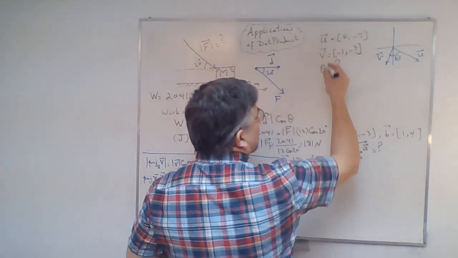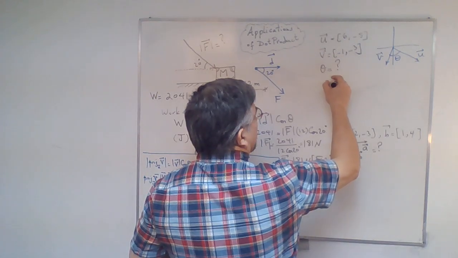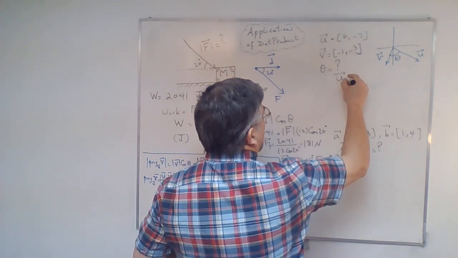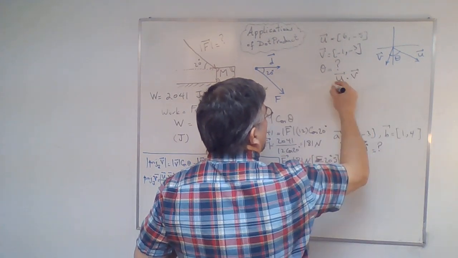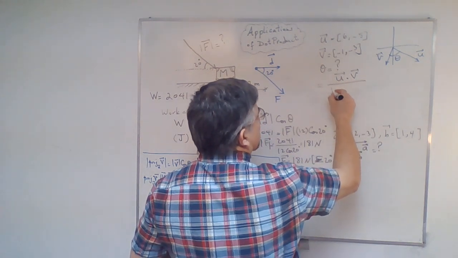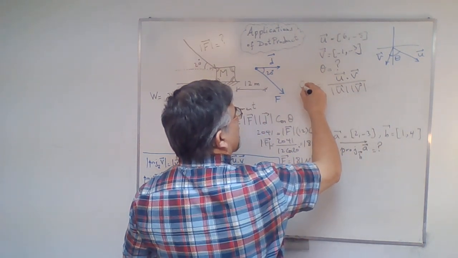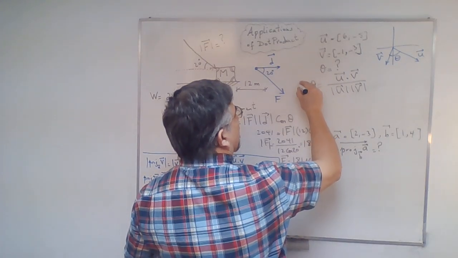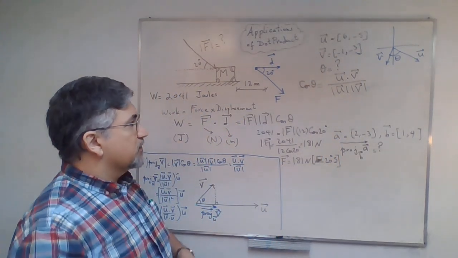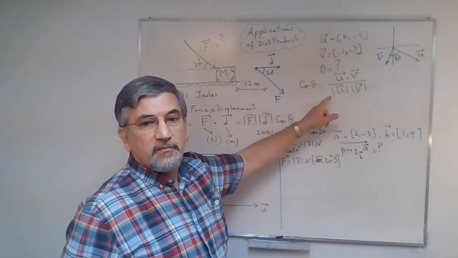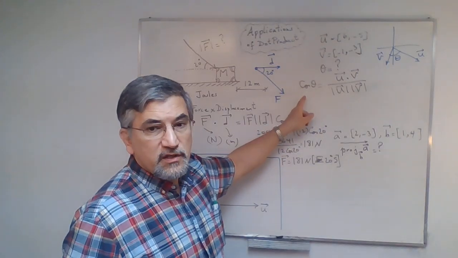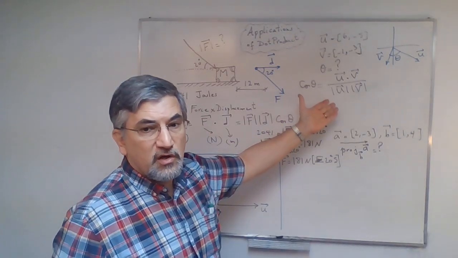So I'm going to use the dot product formula. I'm going to say the dot product is equal to the magnitude of u times the magnitude of v times cosine of theta, right? If you cross multiply this formula and solve for cos theta, that is actually the formula for the dot product.